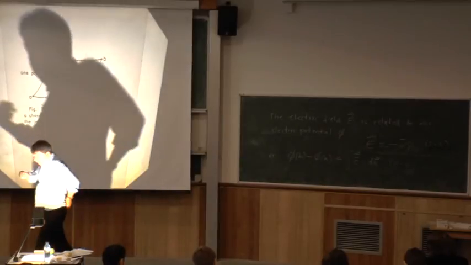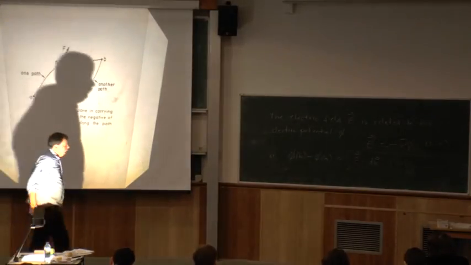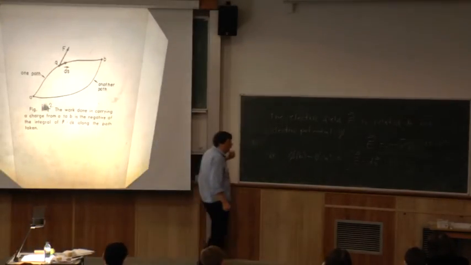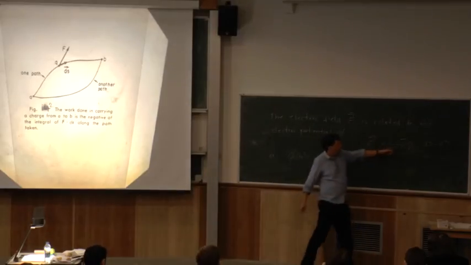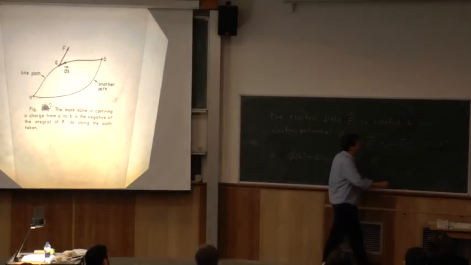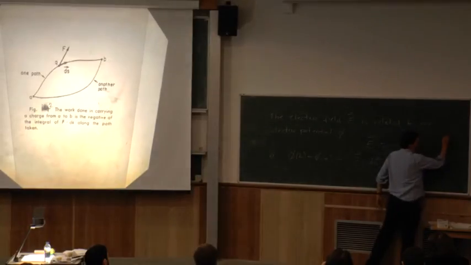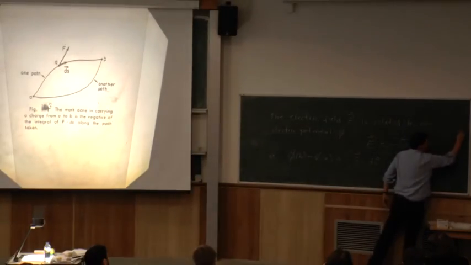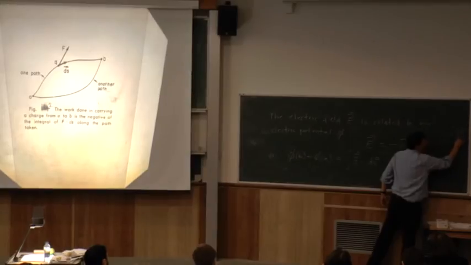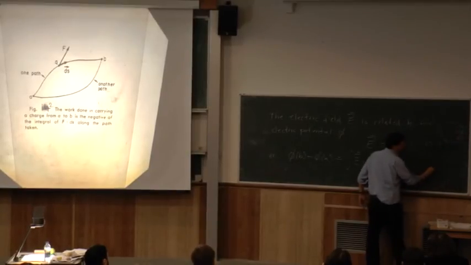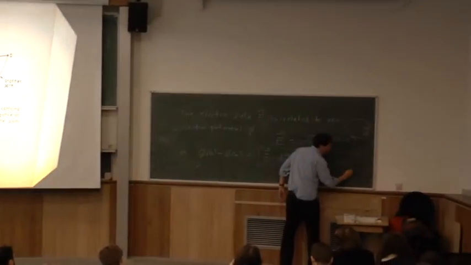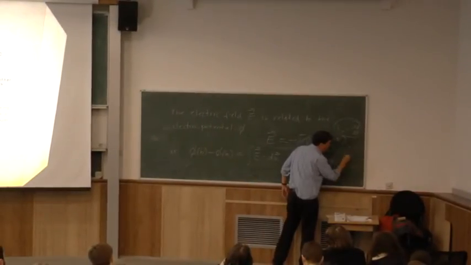We did this in one dimension. If you differentiate phi, the 1D analogy of this would be E of x is minus d phi by dx, and phi is equal to the integral of E dx.